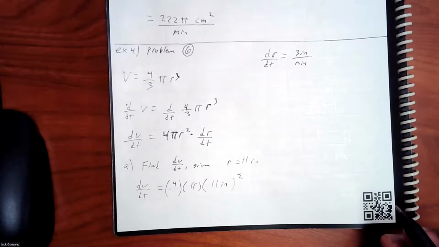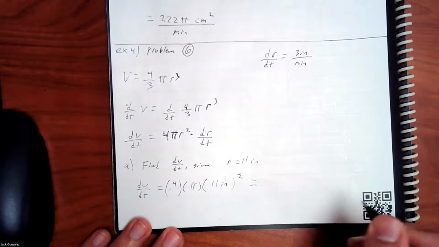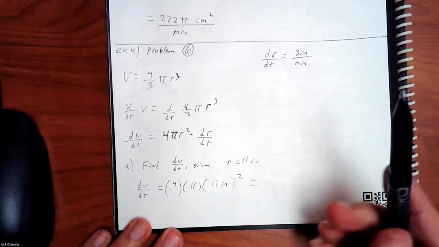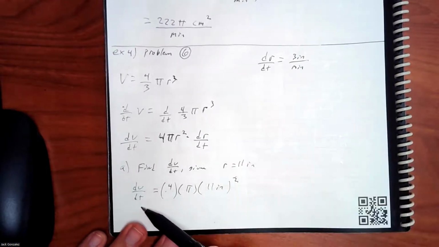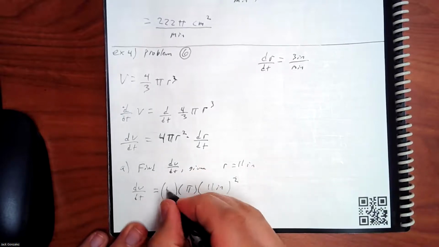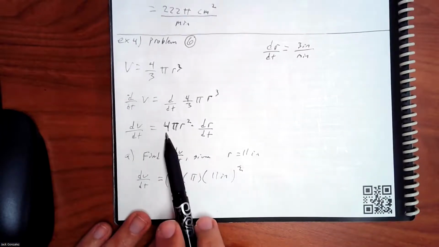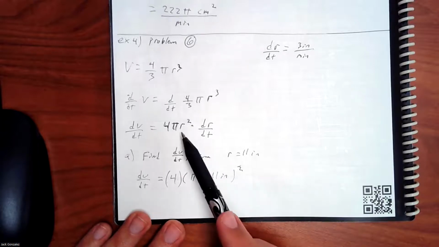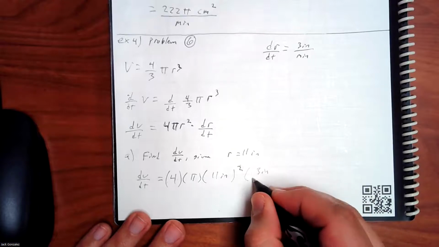Should be squared, I was using the wrong one. Remember, we're using dV/dt. Let me fix this for you. Right back to the original. So 4 times pi times 11 squared times dr/dt. There you go.